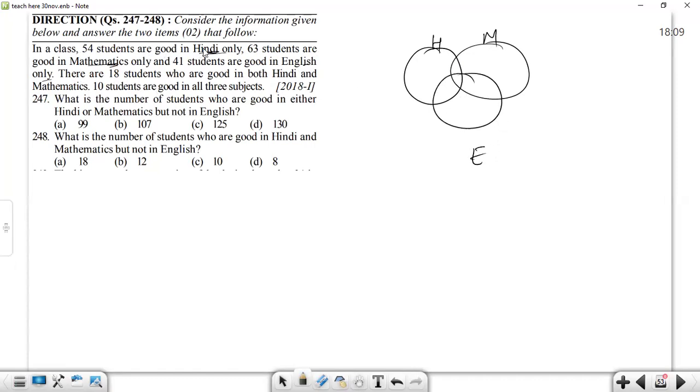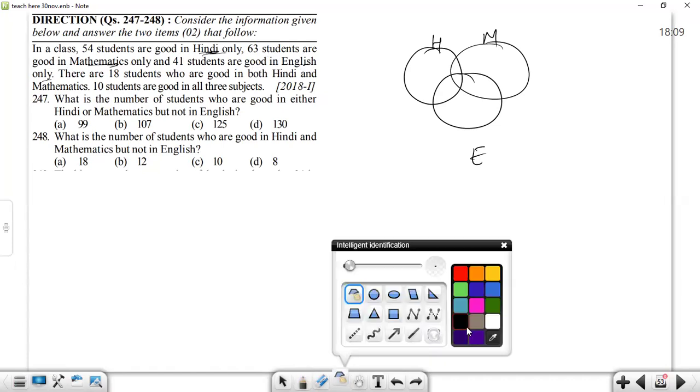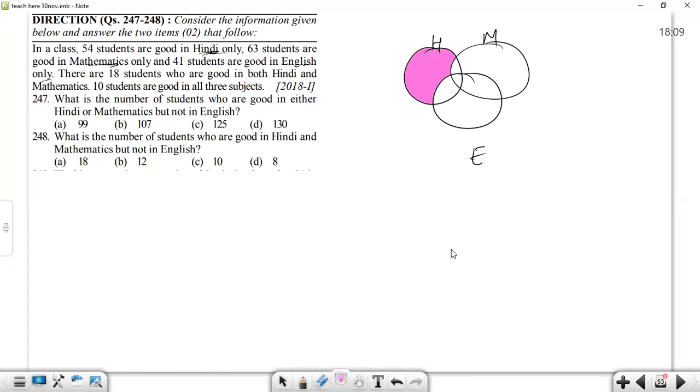So 54 students are good in Hindi only. Hindi only means only the region which is not getting intersected anywhere. So 54. 63 students are good in mathematics only. So let me rewrite it again, because this is just for better understanding. You don't have to do it how I am doing, because my objective is to explain it better.